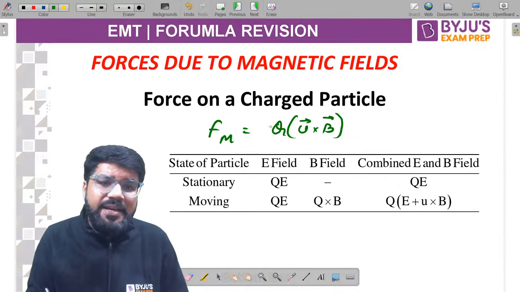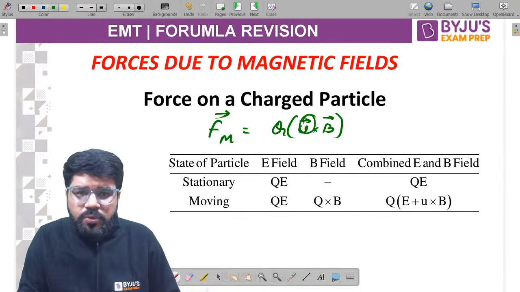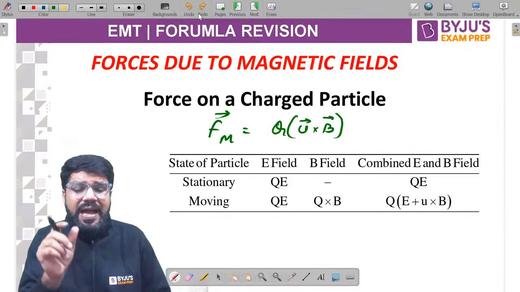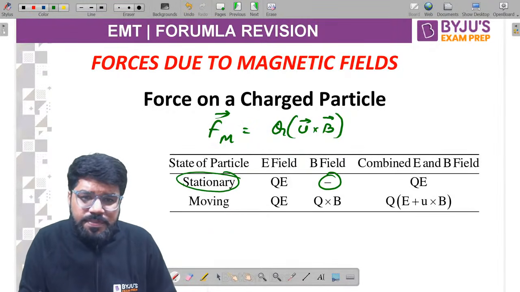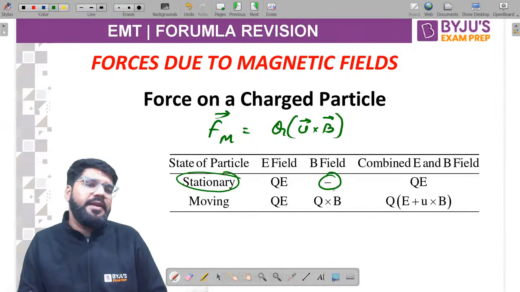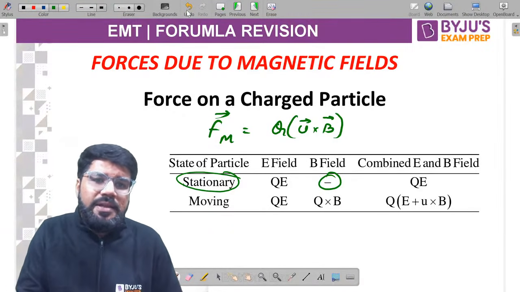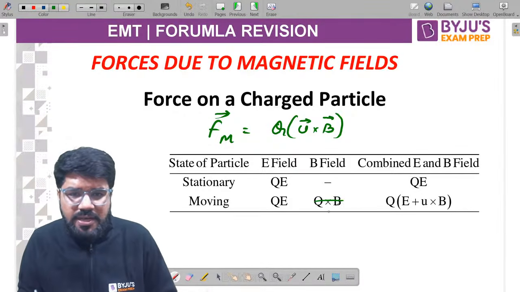If U is equal to 0, the magnetostatic force will also be 0. That simply says that a stationary particle will not experience any force in the presence of a magnetic field. So only a moving charged particle can experience a force in the presence of a magnetic field.